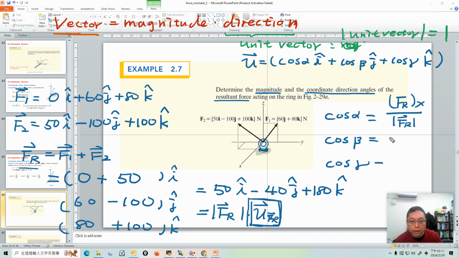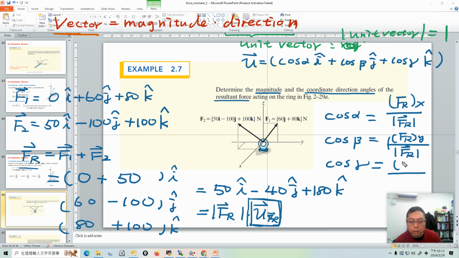And cosine beta is the y component divided by the magnitude. And the z component of the unit vector is cosine gamma.